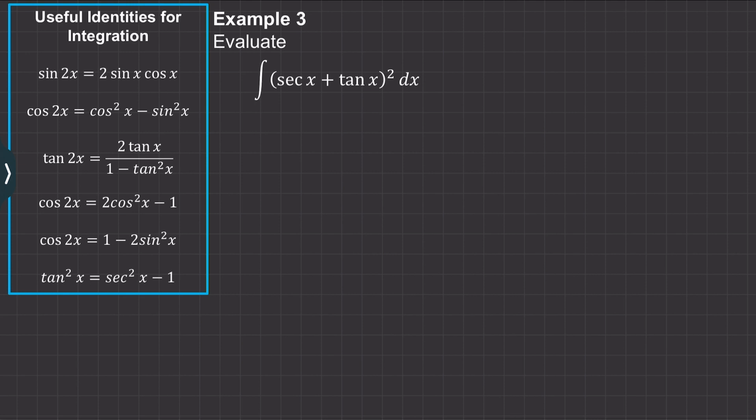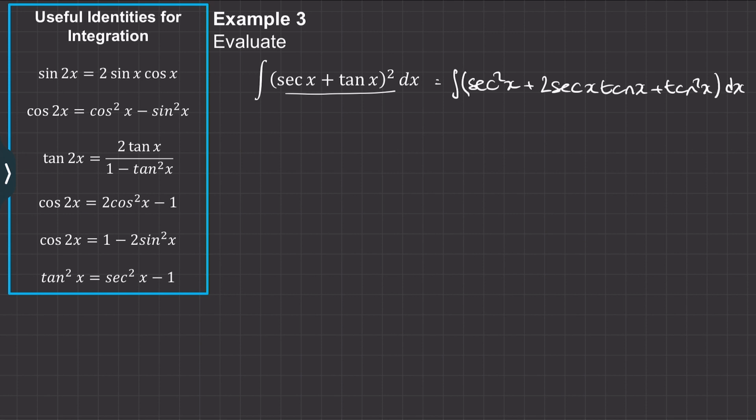Okay, so finally, with example 3, we're going to evaluate the integral of sec x plus tan x all squared with respect to x. So the first thing we'll do is we'll expand out these brackets. So we have the integral of sec squared x plus 2 sec x tan x plus tan squared x, all integrated with respect to x.